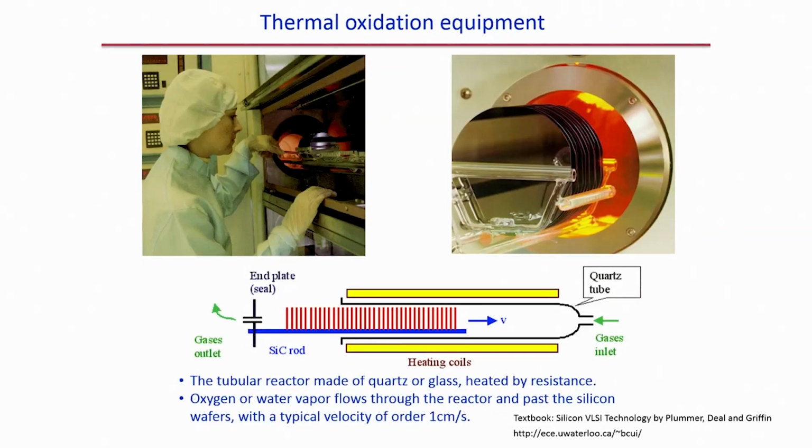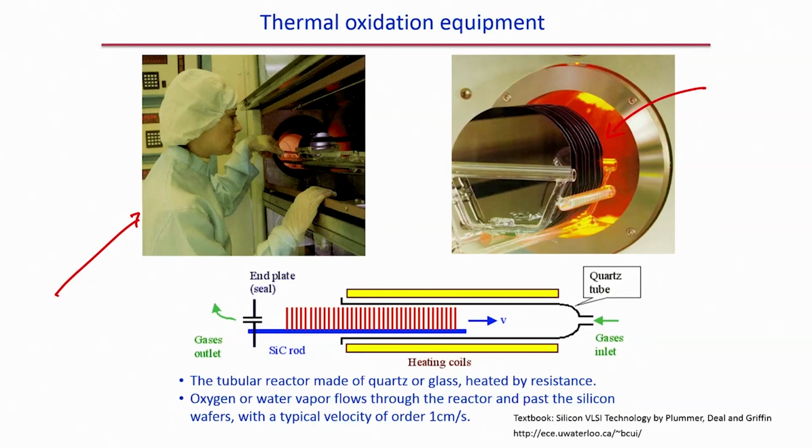Now, you can see here we have wafers loaded onto the wafer holder, and this wafer holder is inserted inside this horizontal tube furnace. It is already heated, and you can see here that the operator is pushing the wafers inside the horizontal tube furnace.